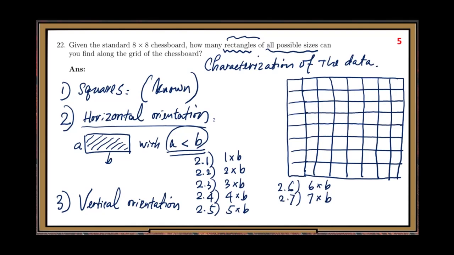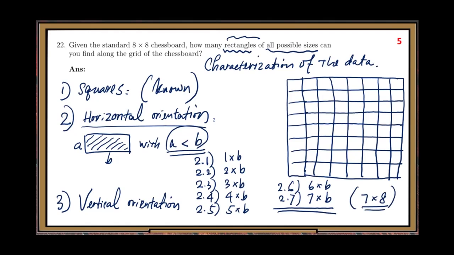And then no 2.8, right? Because if A equals 8, then there is no B, because B must be strictly greater than A. So the last case, 2.7, must be 7 times 8. B can only take 8.